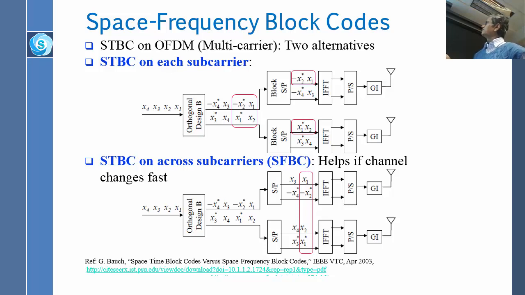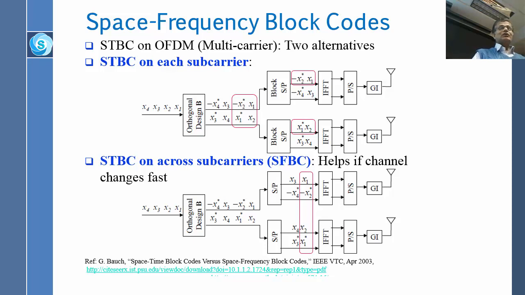So there are ways to arrange these symbols and their conjugates. Again, we don't need to get into the details, but the idea is that this increases the noise resistance. Now you are in a much better position to decode these symbols correctly.